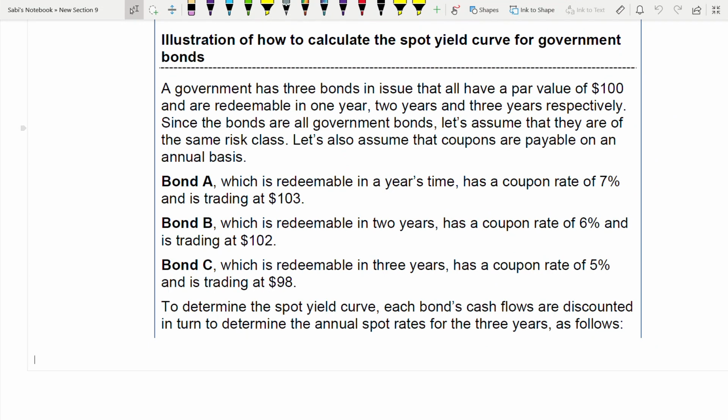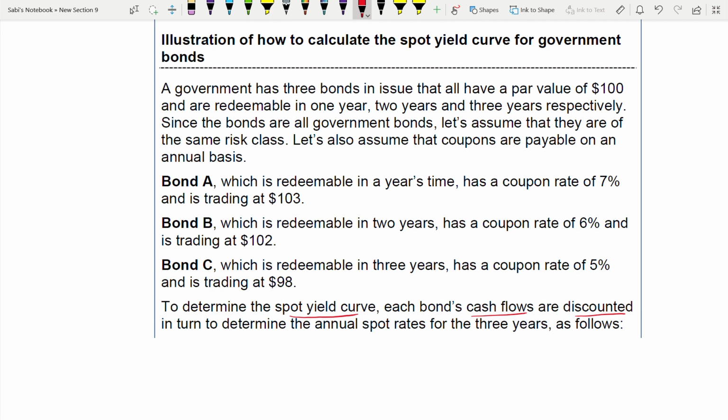In this question, you have been given 3 bonds, bond A, bond B, bond C, with 3 different coupon rates and different redemption periods. So under this, you are supposed to calculate the spot yield curve. For that, you have to discount each bond's cash flow.